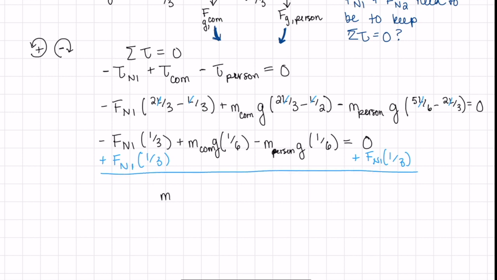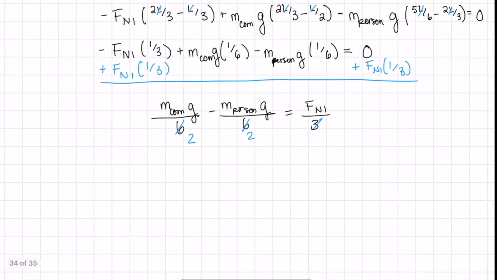Should give us m center of mass g over 6 minus m person g over 6 equals Fn1 over 3. We can cancel out a 1/3 from all sides, so that will go away. That 6 will become a 2, and that 6 will become a 2. And then we can go ahead and plug in from here and see what our normal force would be.